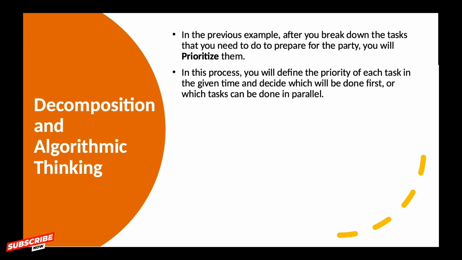Even the one that will come first also has to come with time: when this thing should be done, when that thing should be done, or can these things move hand in hand? Both decomposition and algorithm work on that particular principle.